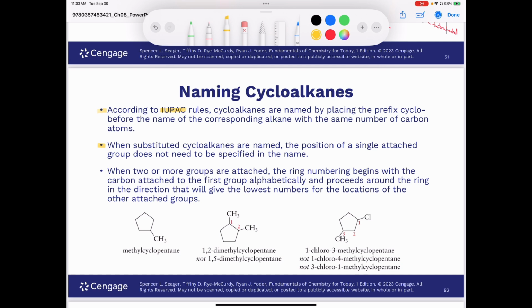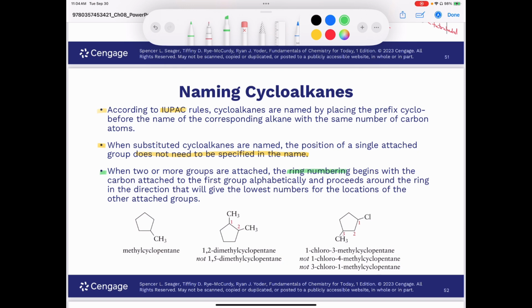In this example, there's only one substituent on the cyclopentane ring, so we call it methylcyclopentane. If you were to call it 1-methylcyclopentane, that would be redundant because there's only one substituent on there anyway.